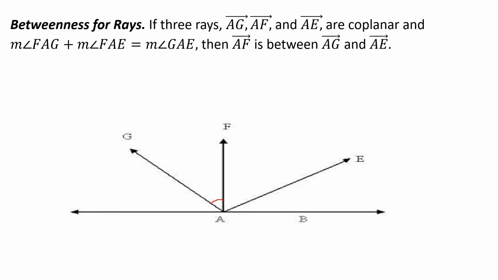Okay, so this angle plus this angle, their total is this angle. So that is the betweenness for rays, where ray FA or AF is between ray EJ and ray AE.